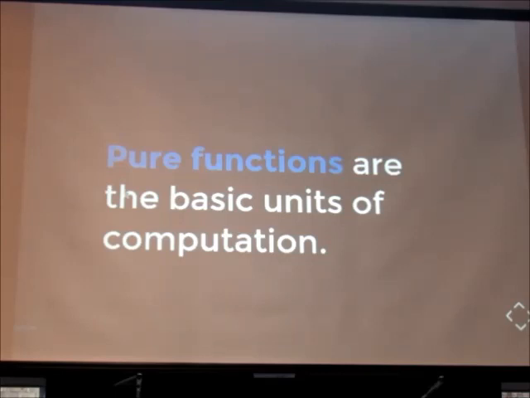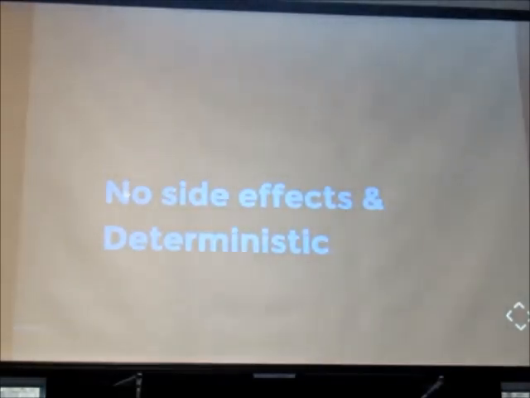Functional programming is essentially programming with pure functions. Pure functions are the basic units of computation in any functional program. And what does this mean? Pure functions have no side effects, which means they don't do anything that is not explicitly mentioned in their interface, and they're deterministic, which means if I call a pure function with the same inputs a million times, I'm going to get the same answer a million times.